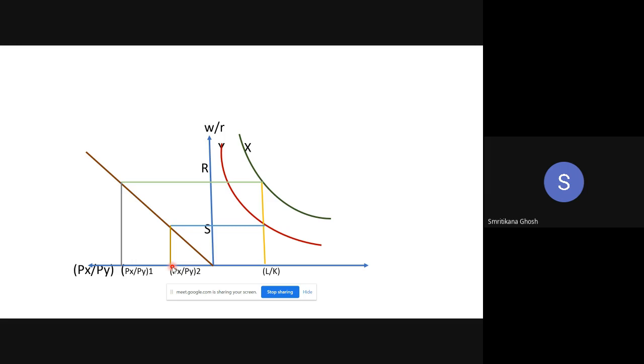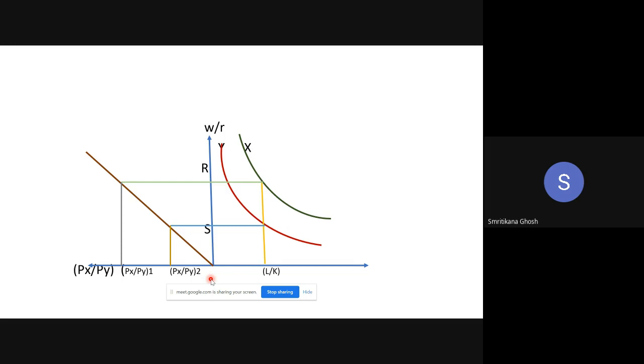If the international terms of trade is within this range, then after trade, the country will produce both. So this is the significance of this price range, PX by PY1 to PX by PY2.